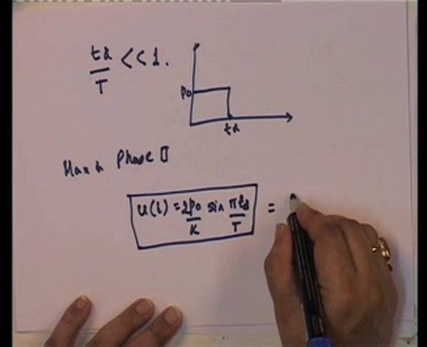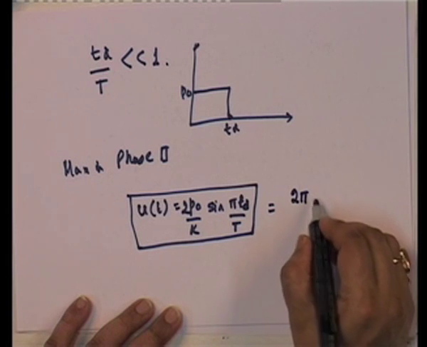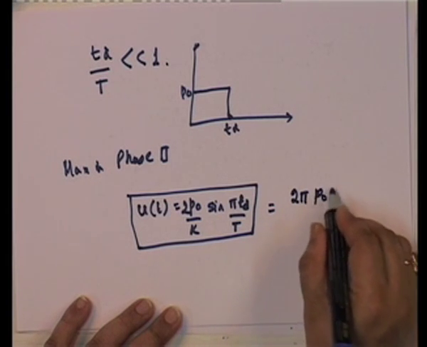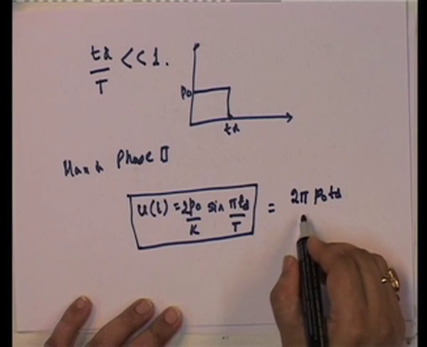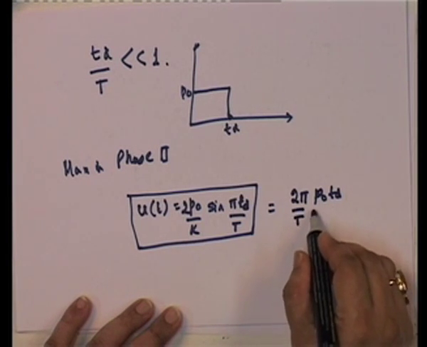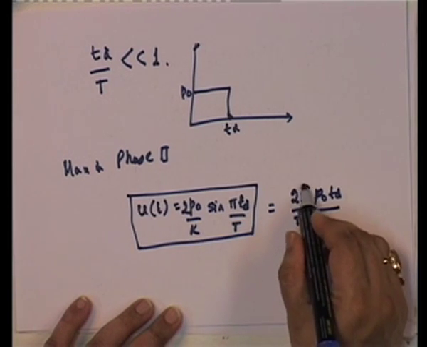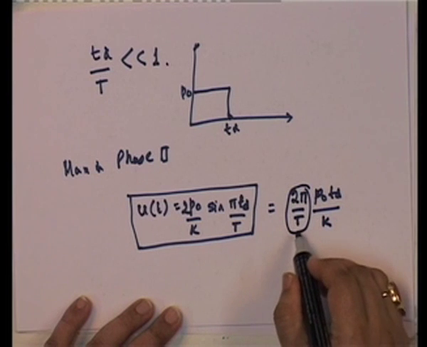This becomes 2 pi P naught Td upon t upon k. This is nothing but omega.